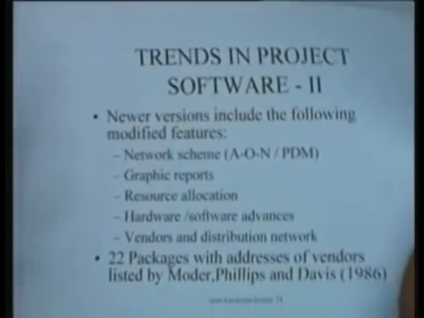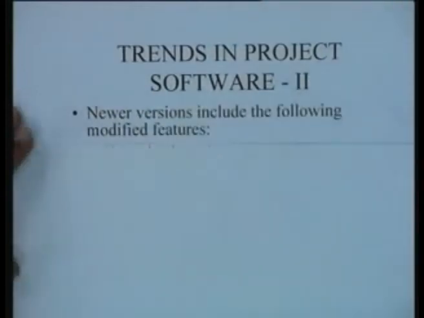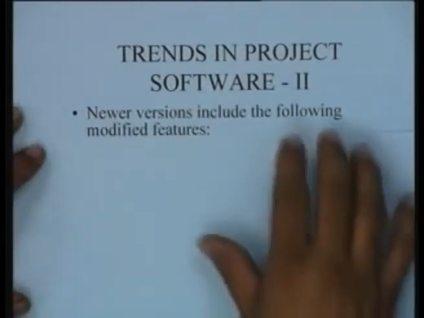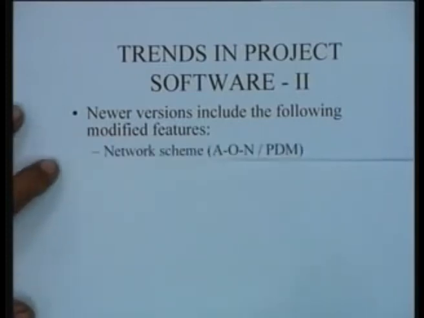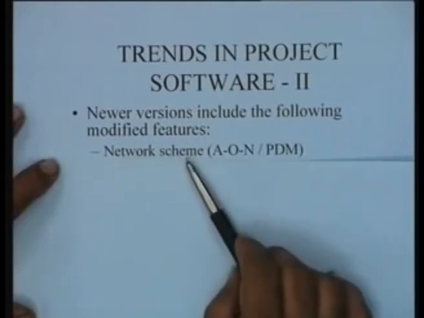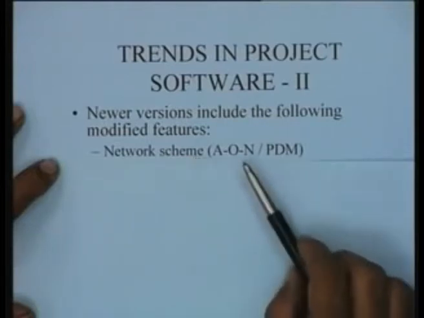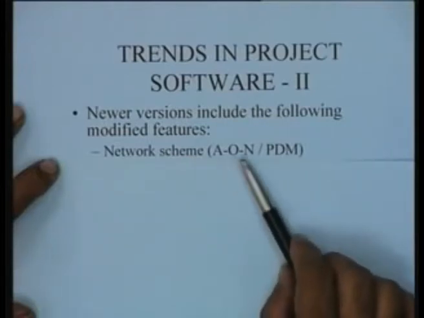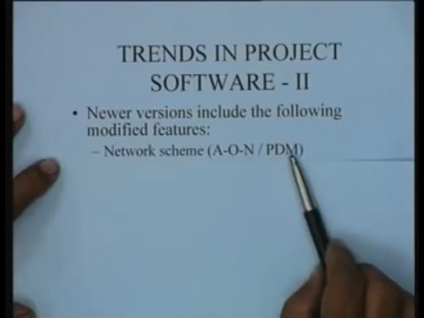What has been happening recently is that newer versions typically include some modified features. What are these modified features? First thing is that in the scheme of the network itself, there is an increasing trend in most of the commercially available software these days to go in for either an activity on node network representation or a PDM representation.